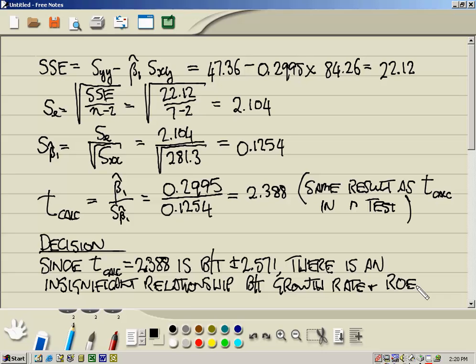Alright, and that's the end of the t-test on the slope.